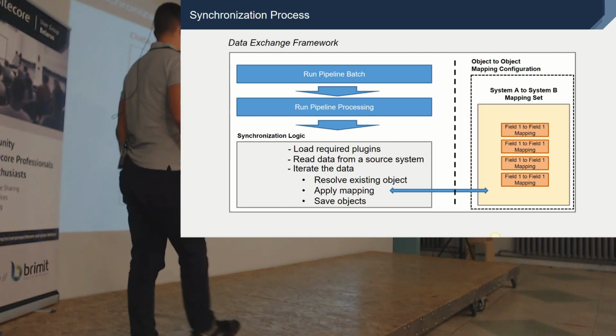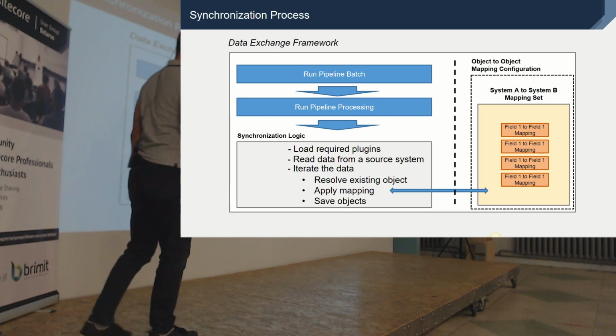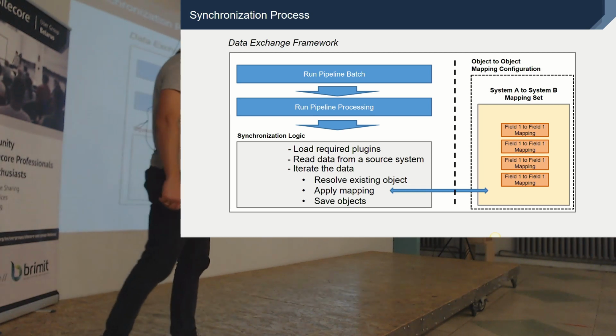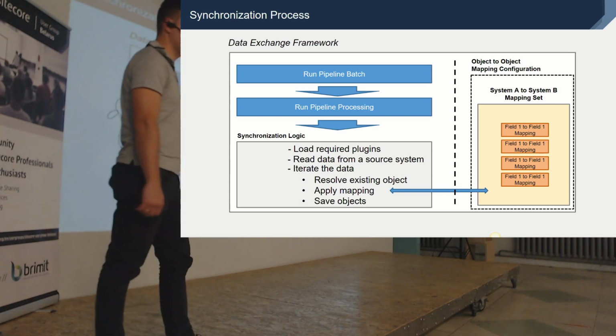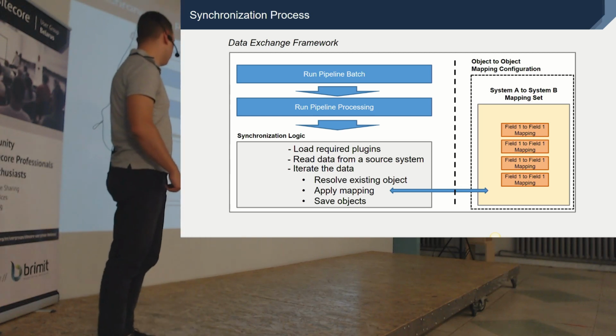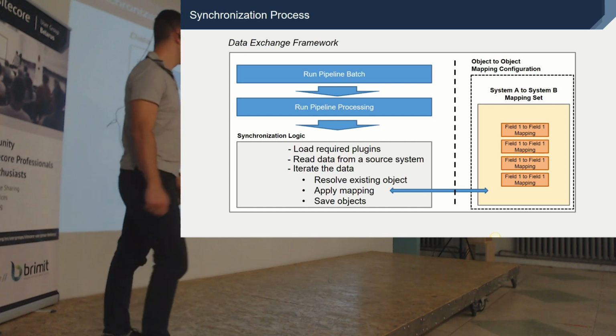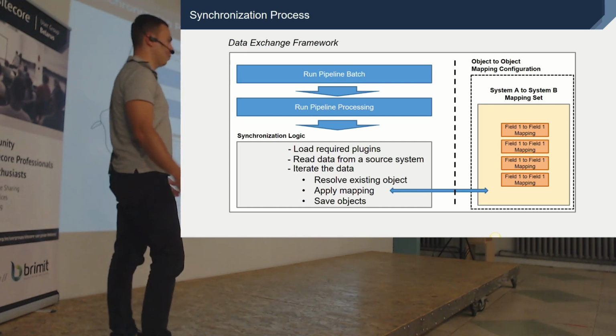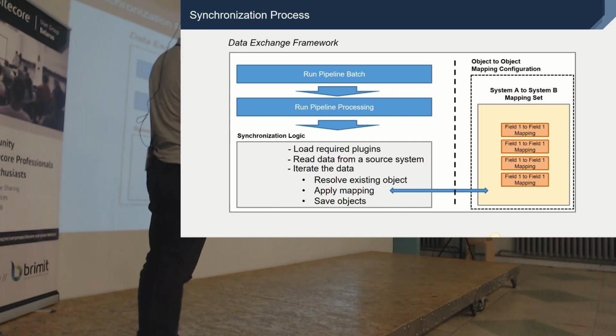Then we need to read data from the source system. It can be a single object, or it can be a list of objects. If it's a list of objects, we need to iterate over this data. It's a simple iteration, just a for each.